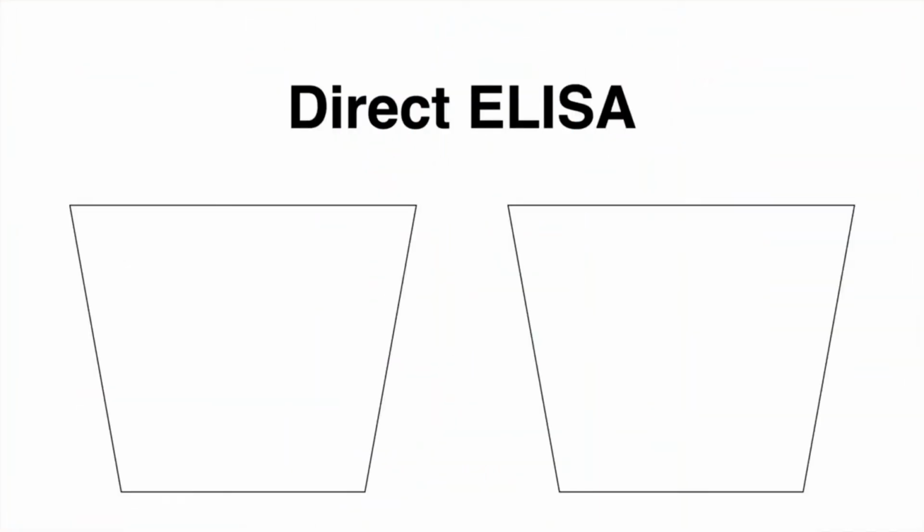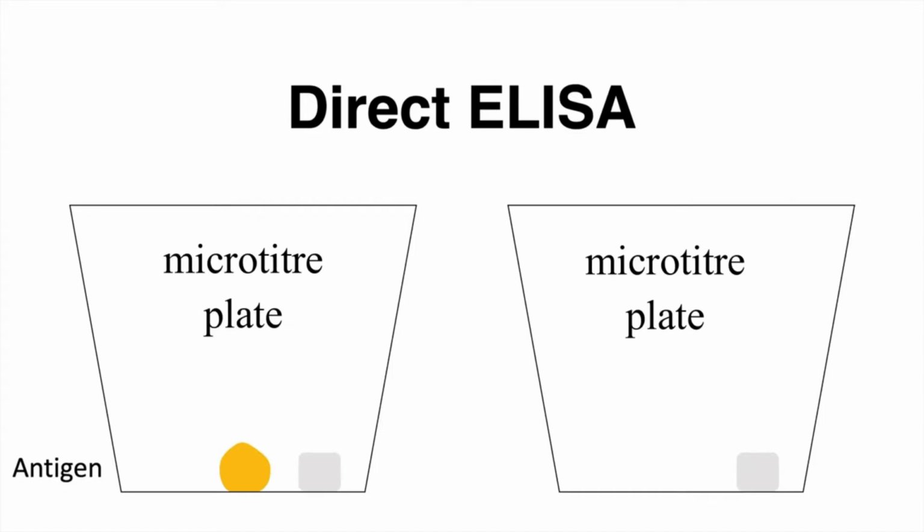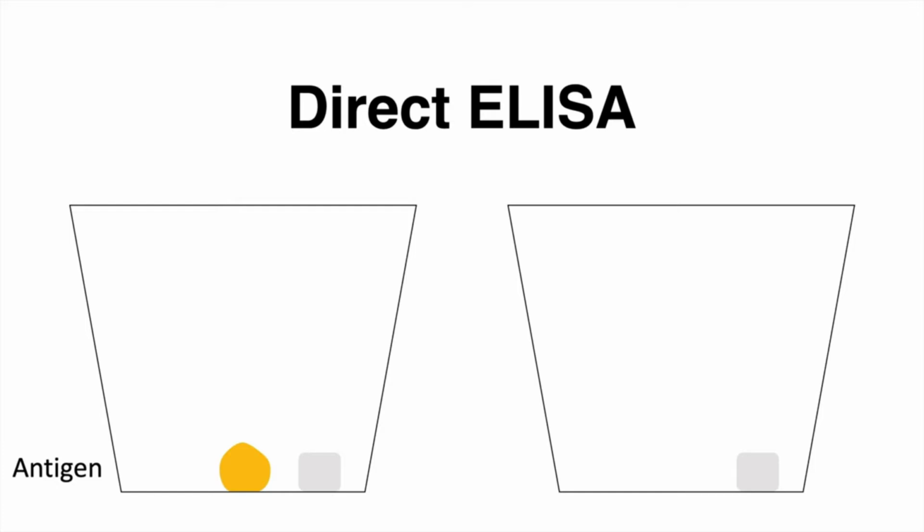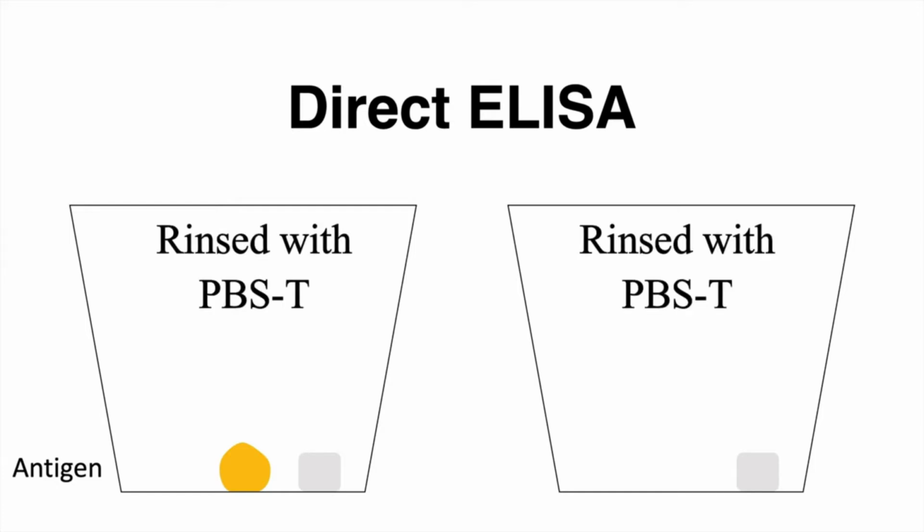In the first step, we take antigen from the sample, pour it into a multi-well microtiter plate, and it is adsorbed to the solid phase. After that, wells are rinsed with PBST 3 times to remove all the unbound antigen, so only bound antigen will remain in the wells.